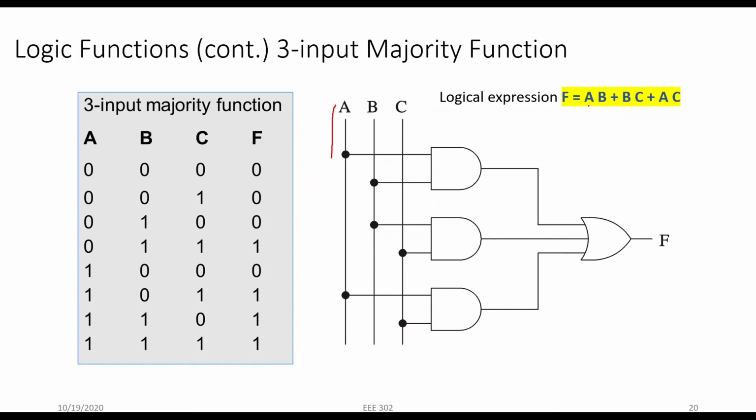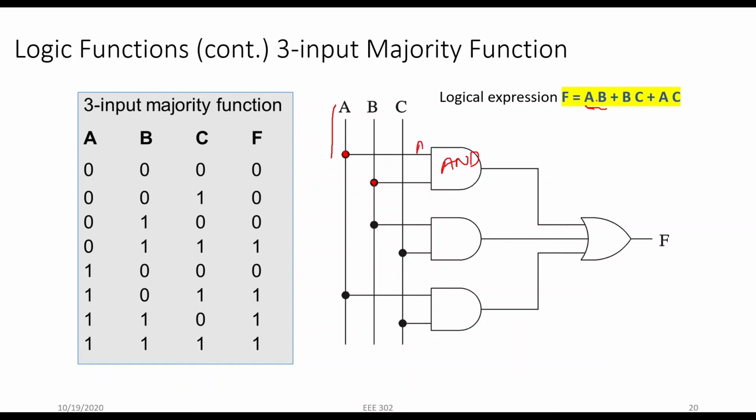So first of all, we have A and B. If you don't see any dot, that represents an AND format. So A and B. So first, this is an AND gate, right? We are getting input from here and here.